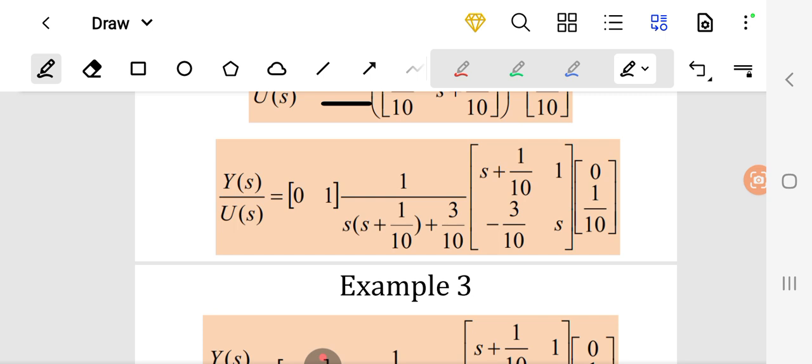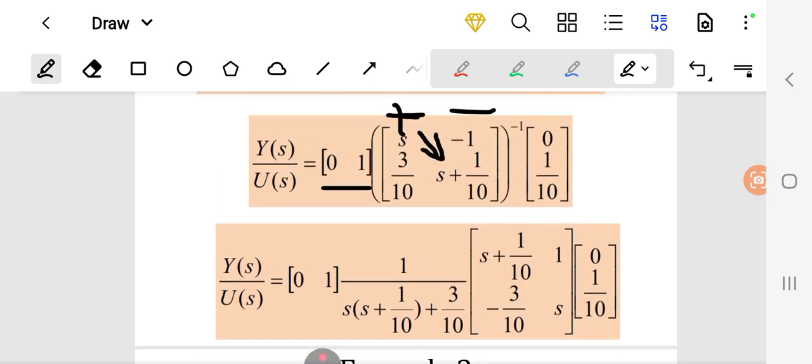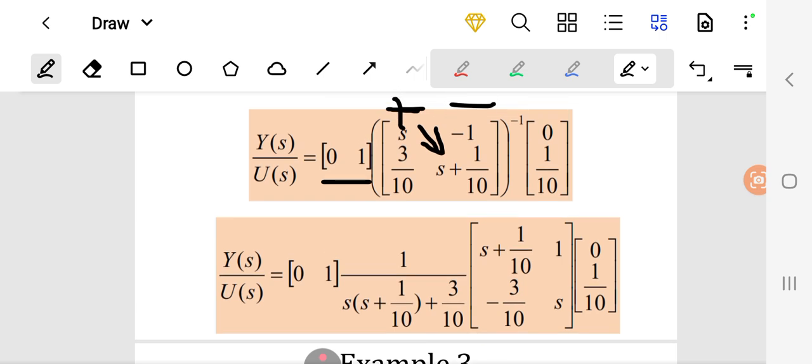This is the determinant, 1 divided by the determinant. Now we will get the adjoint matrix. For the adjoint matrix, we take s in the place of s plus 1 over 10 and s plus 1 over 10 in the place of s. Then we will have s plus 1 over 10 and this will be s.